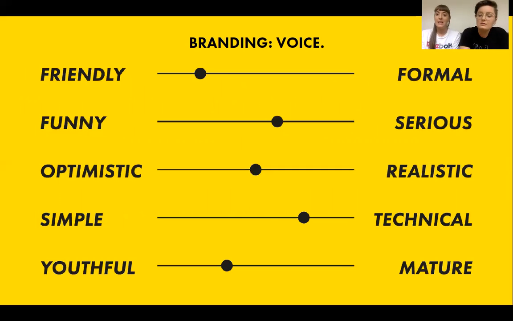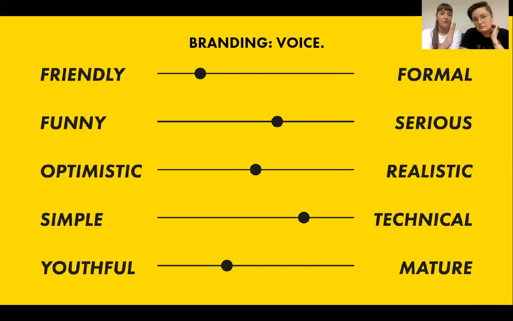So we created this scale basically to help you think about your voice and different brands' voice. And you can see down one side you've got friendly, funny, optimistic, simple and youthful. And then the other side you've got formal, serious, realistic, technical, mature. And then these are like a sliding scale. So if we think about it in terms of Wedge Collective, we're very on the friendly side of the scale rather than formal.